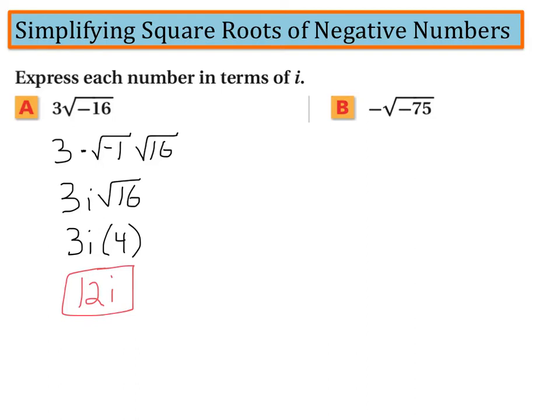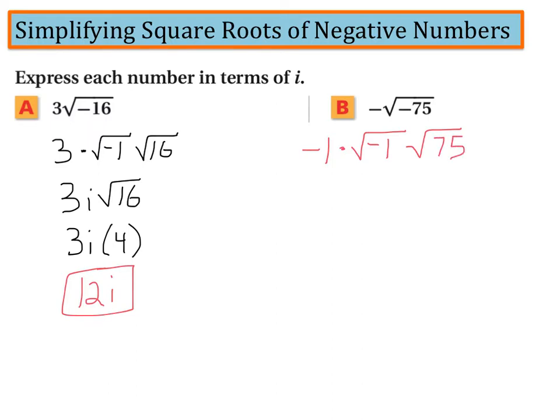Okay, for example B, we have -1 times the square root of -75. So same deal. So we have our -1 on the outside. We want to take out the -1 from under the radical and then deal with the square root of 75.